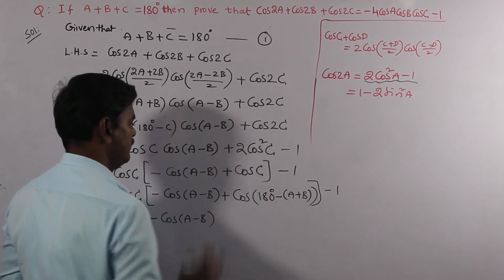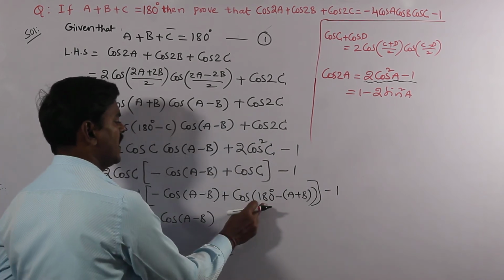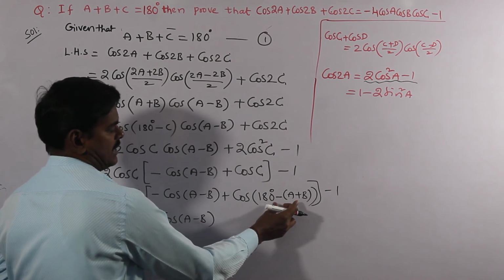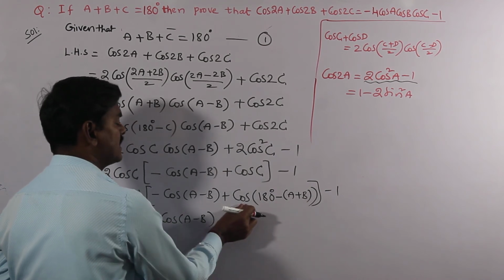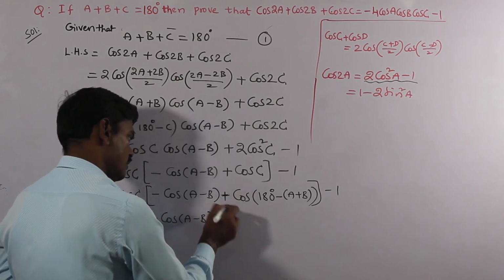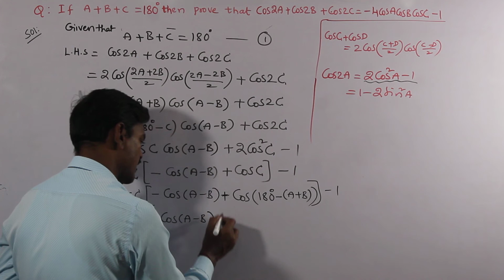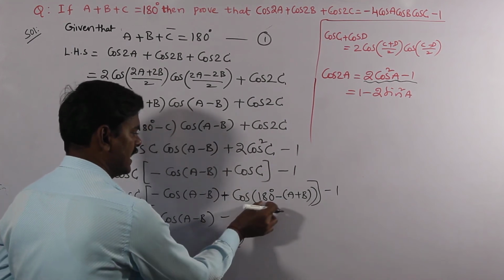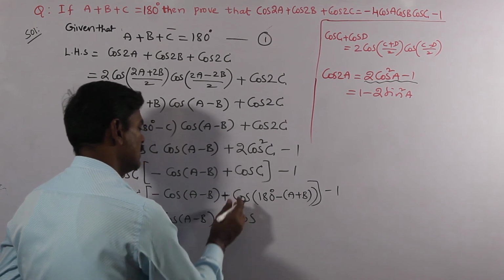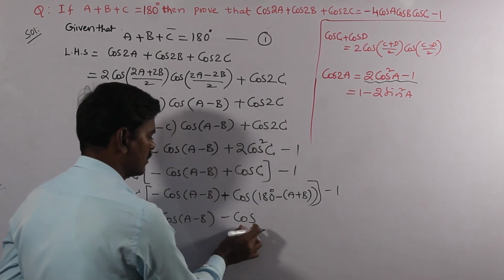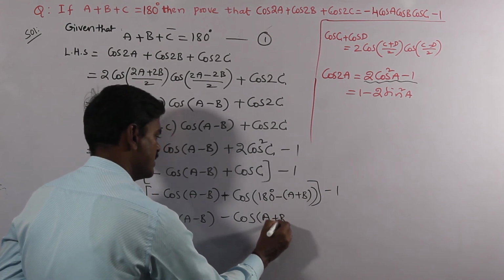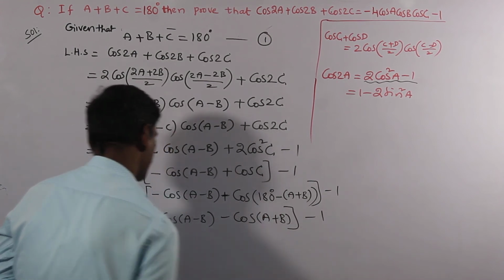Here once again we need to apply some rules. The 180 degrees minus theta form is in the second quadrant, where cos is negative. Already we have plus, and here we get negative, so plus into minus gives minus. In case of 180 degrees minus theta, we won't have any change in function, so we get the same cos of (a plus b), minus 1.